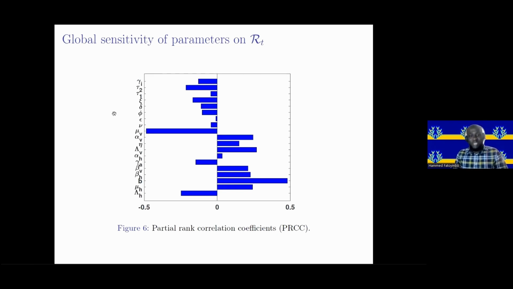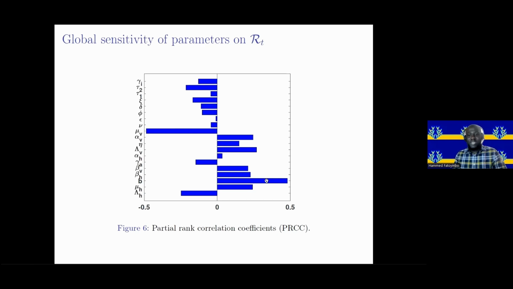Looking at this plot, the larger rectangles show how significantly each model parameter affects the dynamics of the model. As we can see, the biting rate is almost 0.5, which corresponds to the 1% that we see in the parameter sensitivity index.